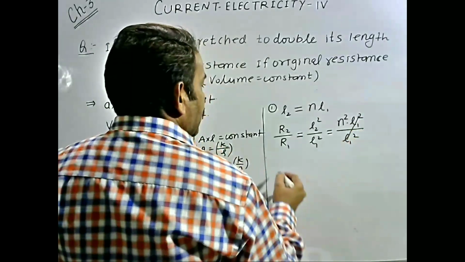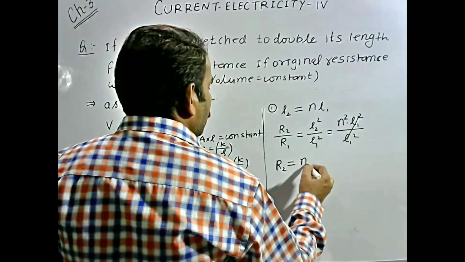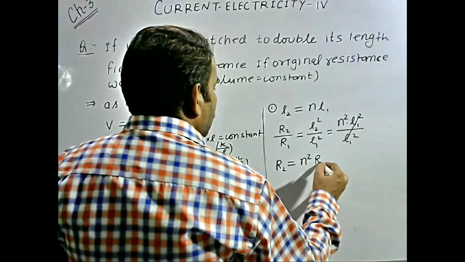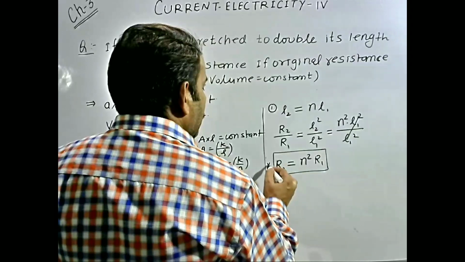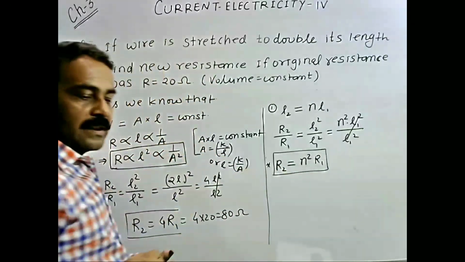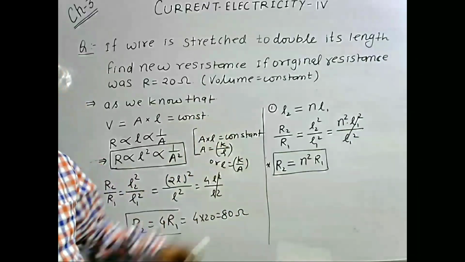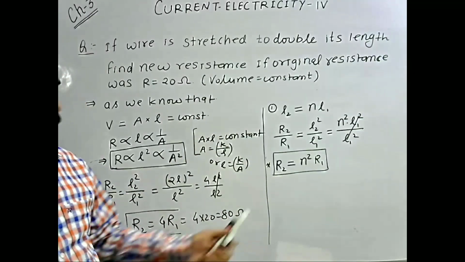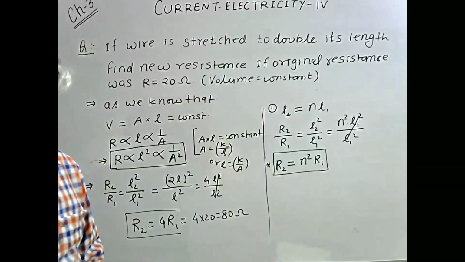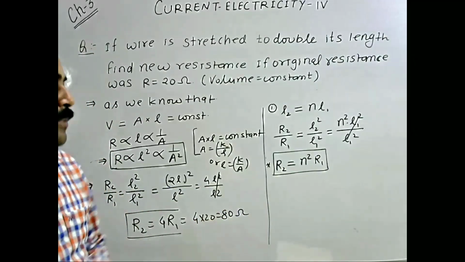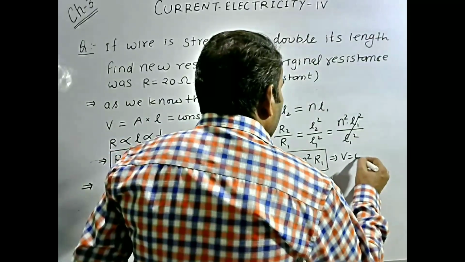L1 square cancels, so R2 is equal to n square times R1. So this is important. Clear? If the length of a wire is increased to n times, then its resistance becomes n square times its original resistance, keeping the volume constant. Here you note volume V remaining constant.